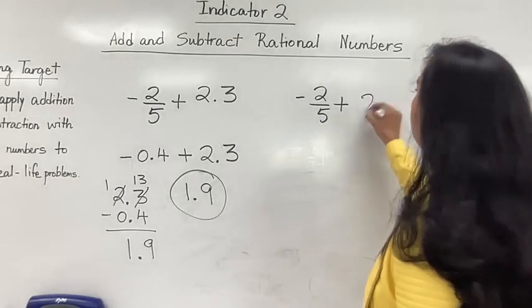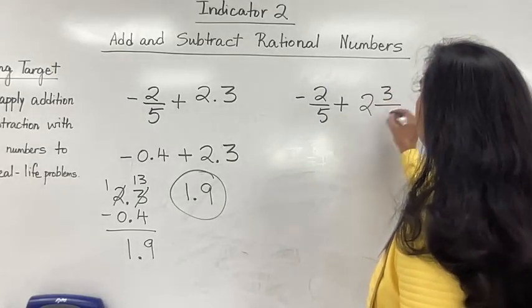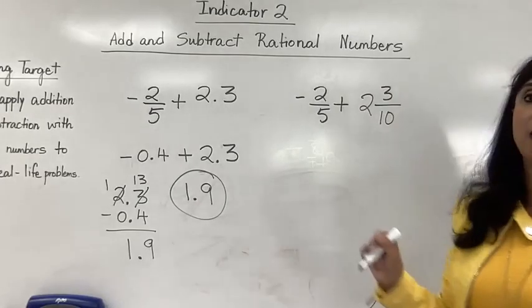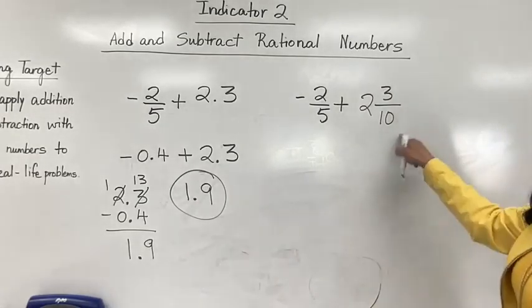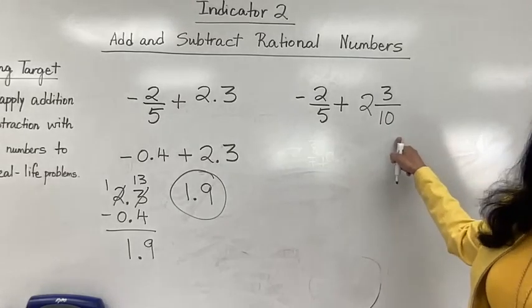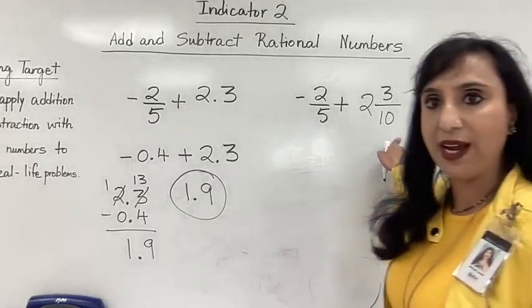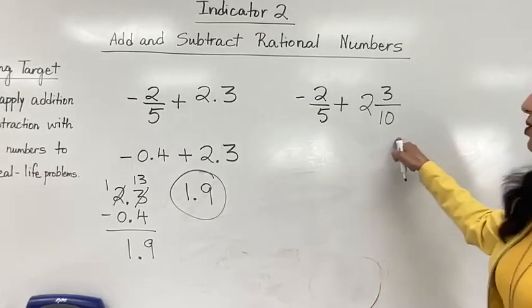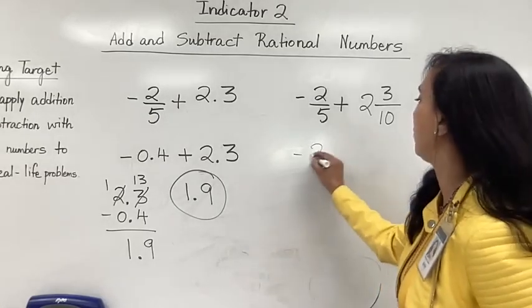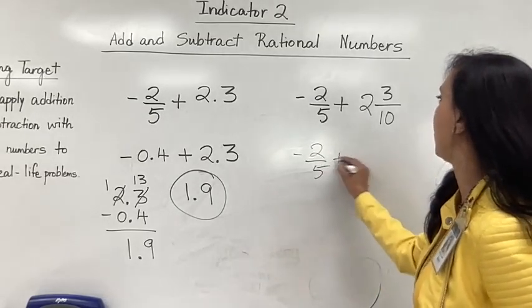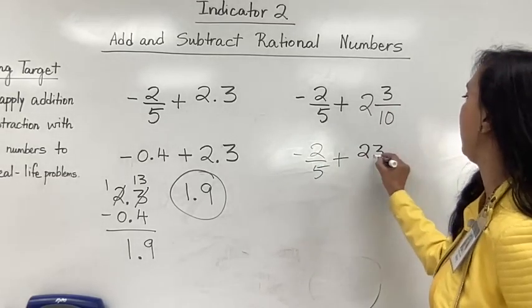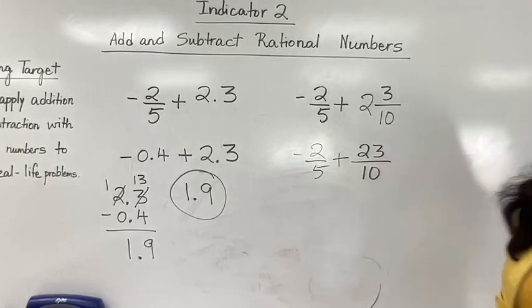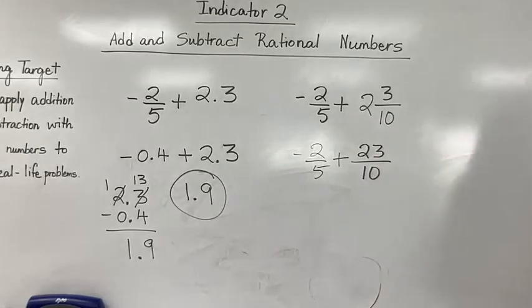We're going to write it exactly how it is. And then I can convert it to an improper fraction. I can do the grouping method, or I can convert it to an improper fraction and work it out also. So this is -2/5 plus 2 times 10 is 20 plus 3, which is 23/10. Okay, so I have this right now.